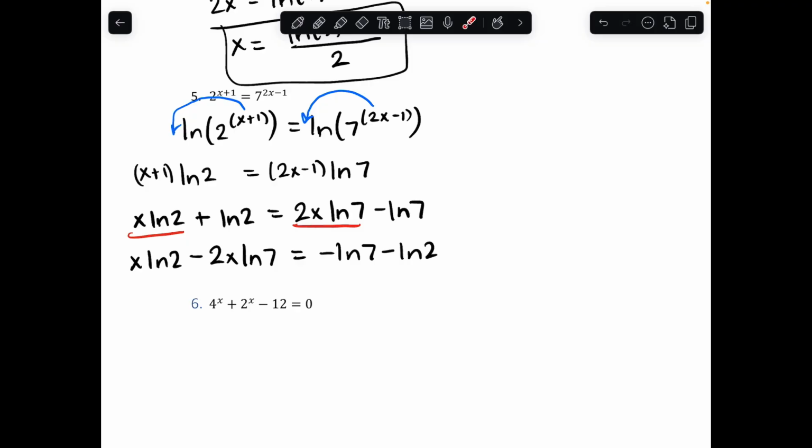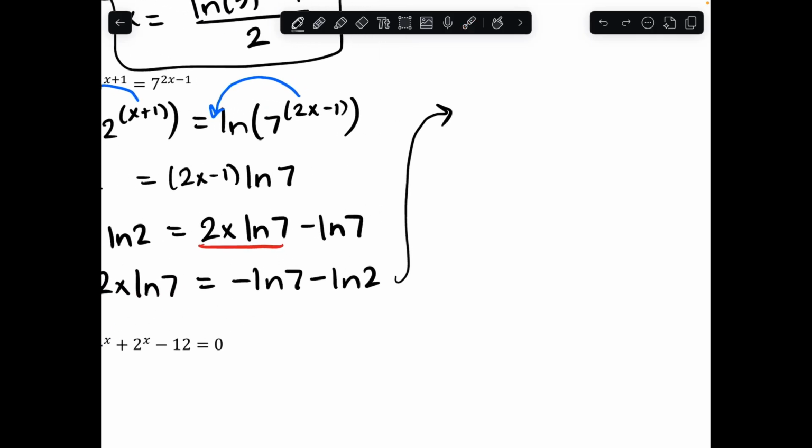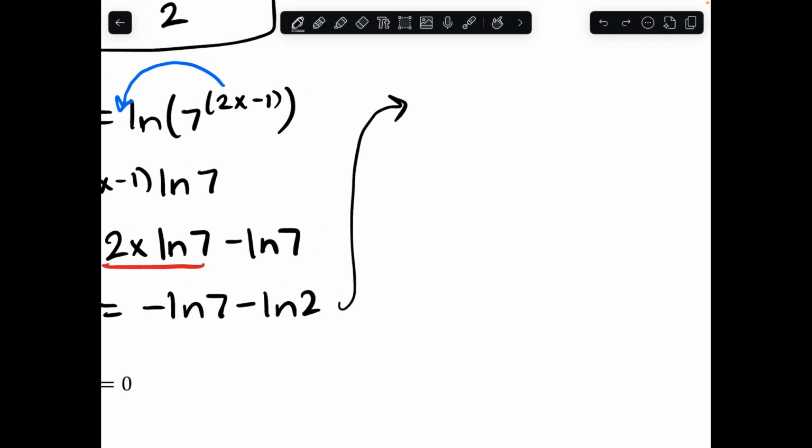From here, I can take all of these terms that have an x in it and I can factor it out. So this then becomes x times natural log of 2 minus 2 times natural log of 7 is equal to negative natural log of 7 minus natural log of 2.